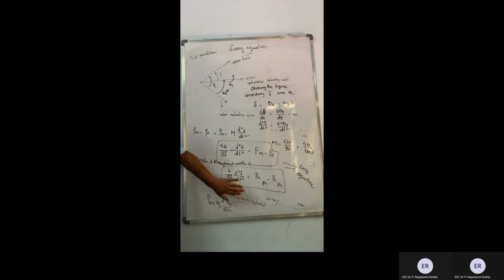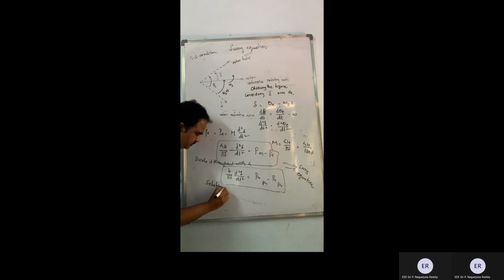So the solution of swing equation gives delta, the torque angle delta.